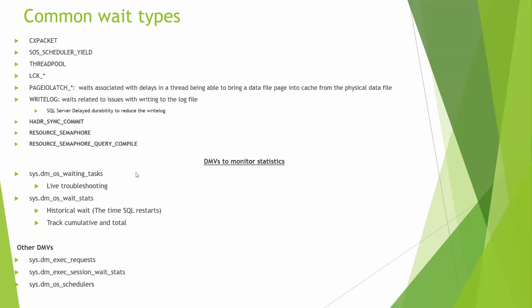Correct. So there are two scenarios, as I said, right? One is when the transaction is completed. The second one is when the log cache is full, which is I think 64 KB, whatever it is. With respect to whether the transaction is committed or not, it will be flushed to the transaction log file.